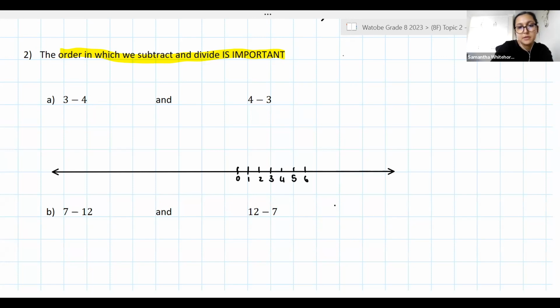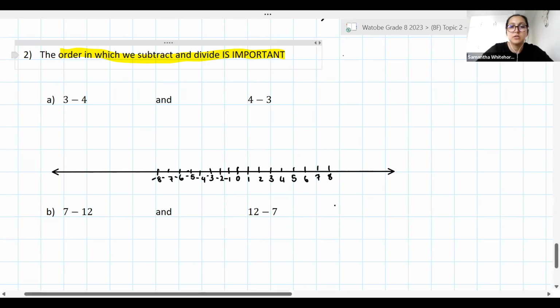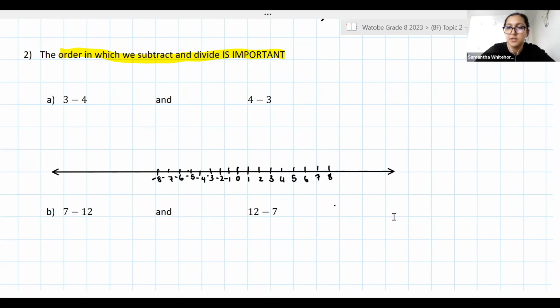I may have overcommitted to the size of this number line, but it's okay. Okay, there's a number line in case you would like to use it for your subtractions.